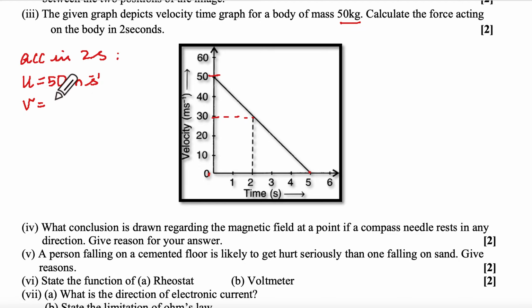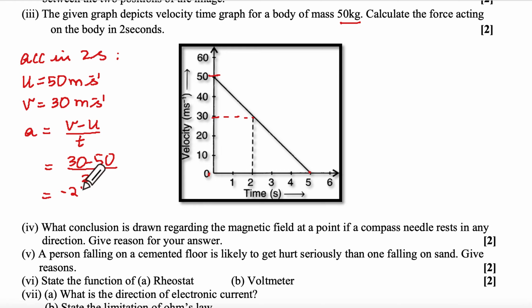What is the velocity? So the acceleration is v minus u upon t, which will be 30 minus 50 by 2, minus 20 by 2, which is equal to minus 10 meters per second square.